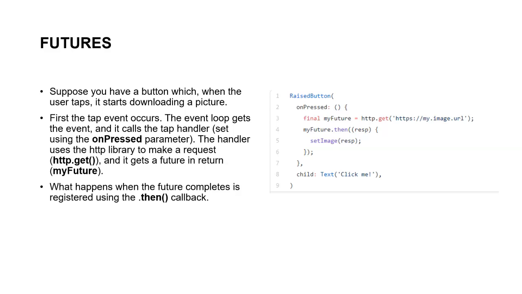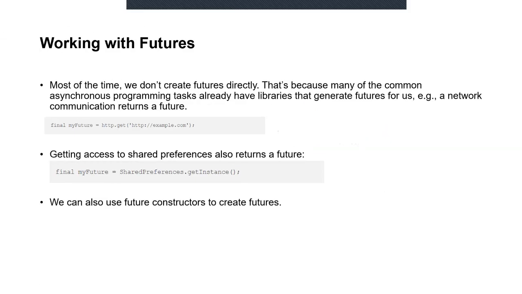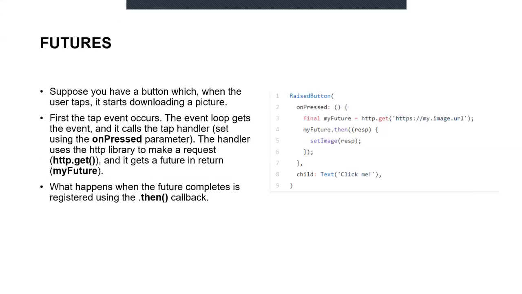This is what we call the receiver of the future. It's what receives the value that was returned in the future. What happens when the future completes is registered using the .then callback. And you can see from the screen that our .then callback calls setImage and passes in the response from our network call. So, working with futures, this was just a basic example of the life cycle of a future, what happens.